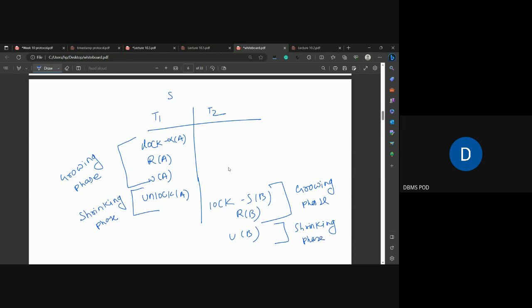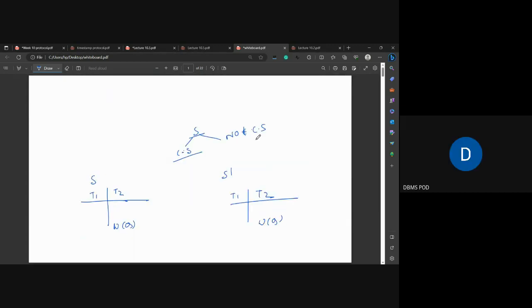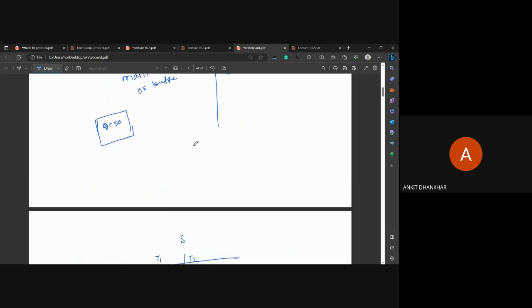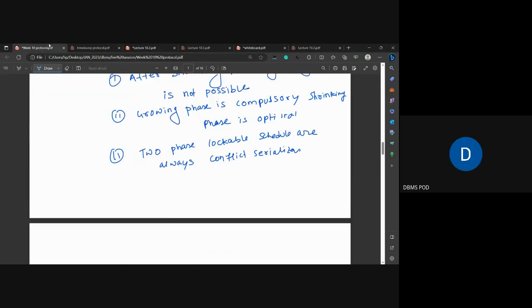So we can say that this follows the two phase locking protocol, correct? You can see that after the shrinking phase, the growing phase is not possible.